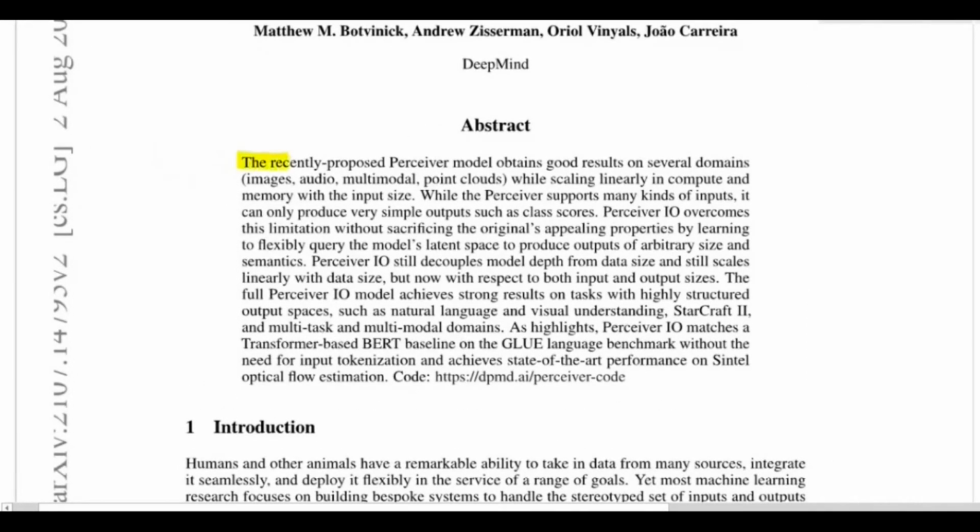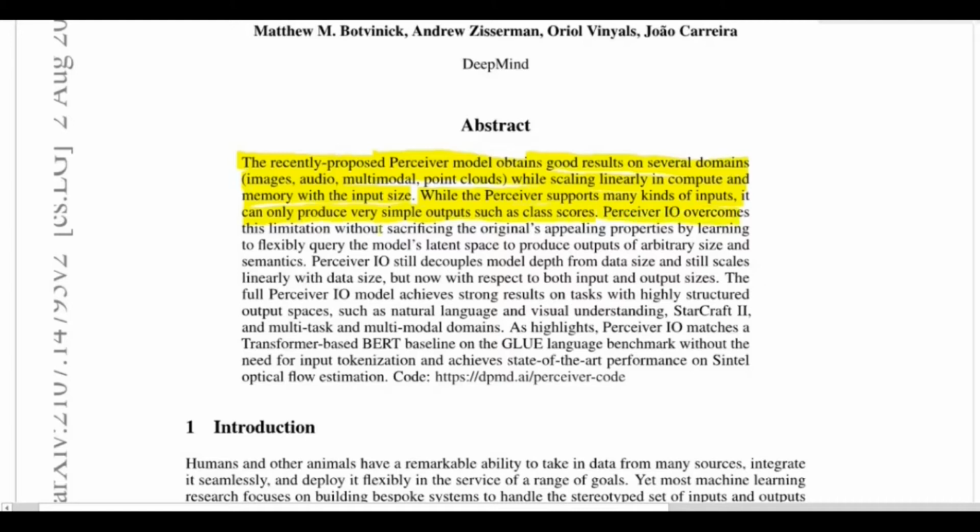The recently proposed Perceiver model obtains good results on several domains: images, audio, multimodal, point clouds, while scaling linearly in compute and memory with input size. While Perceiver supports many kinds of inputs, it can only produce very simple outputs such as class scores.